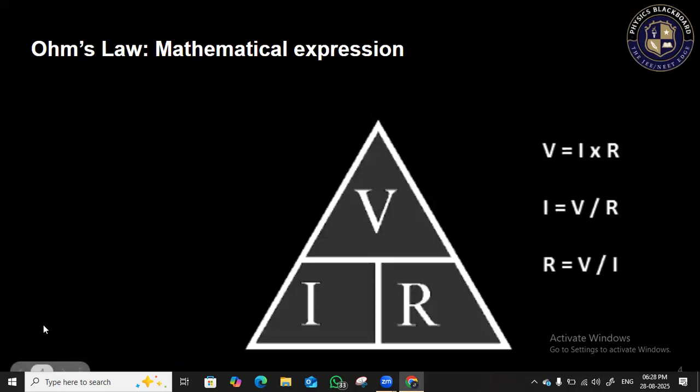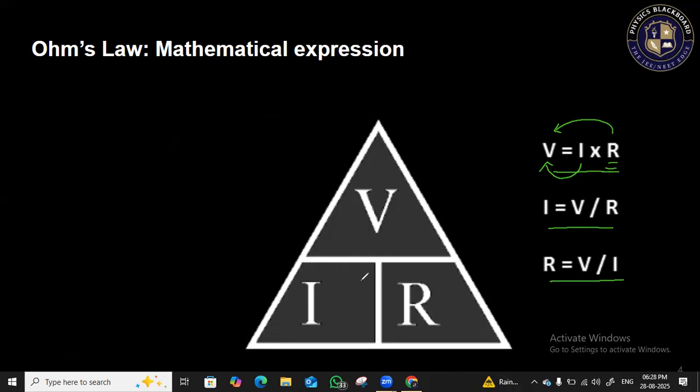The mathematical expression is V equals IR, which we have seen. It can be further written as I equals V by R. If you take this R to the other side, you can write I equals V by R. Or else, if you send this I to the other side, you will get R equals V by I.